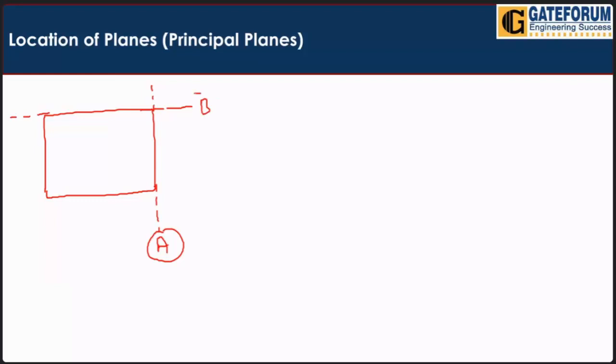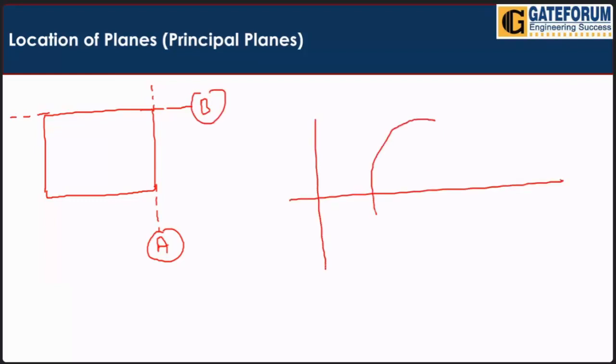The Mohr circle will be like this. Plane A will be plotted here and plane B will be plotted here. If we join these two, somewhere here we have the center of the circle, and these two will become radius.